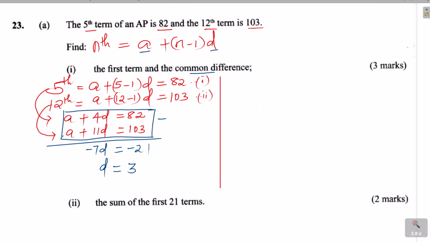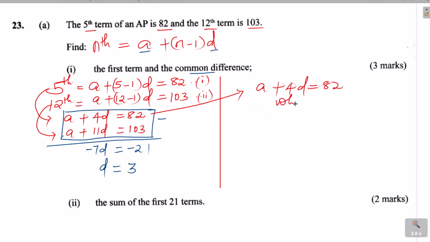Once you've got the common difference, now you can get the first term, which is A, by just substituting. You can substitute in any of these. Maybe you can use this one. A plus 4D is equal to 82.